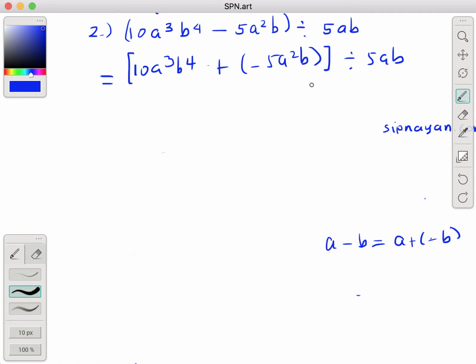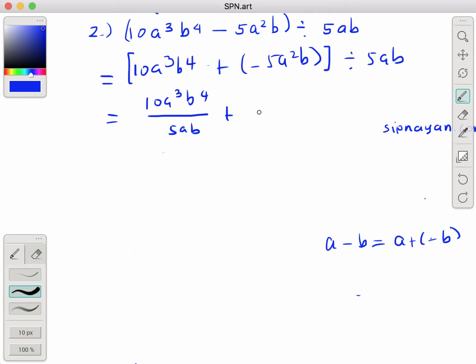And then sabi natin sa previous example, we turn this into multiplication by getting the reciprocal of 5ab. So magiging 1 over 5ab, tapos i-multiply natin dito. Pero pag shortcut natin yan, magiging 10a cubed b to the fourth, by skipping the multiplication, divided by 5ab.